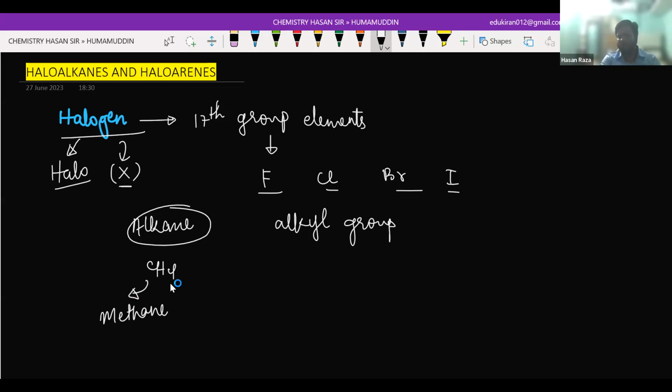If you remove one of the hydrogens, it becomes CH3. Carbon makes 4 bonds to satisfy itself, so if you remove one hydrogen, one bond of carbon is free. Now it is called methyl. Are you getting my point, both of you?